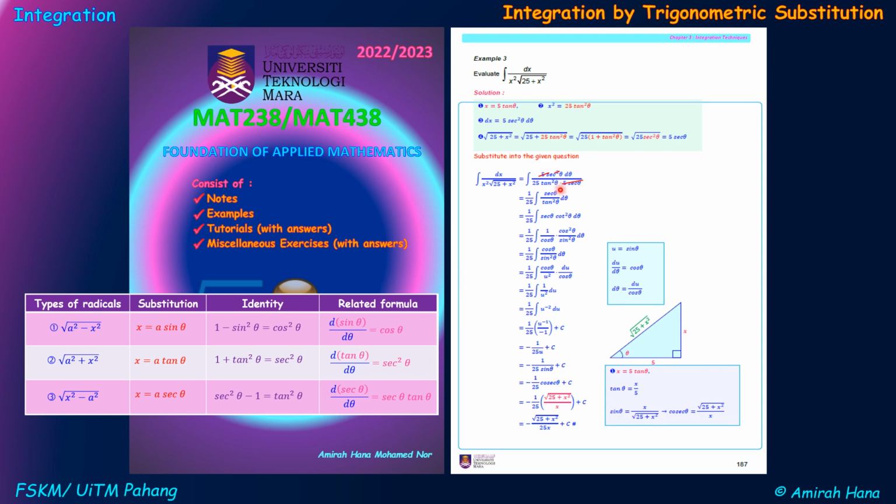So atas tinggal sec theta sahaja, and then d theta. Bawah tinggal 25 tangent squared theta. We can move out constant over 25 from integration sign. So kat luar jadi 1 over 25, and then integration of sec theta d theta over tangent squared theta.